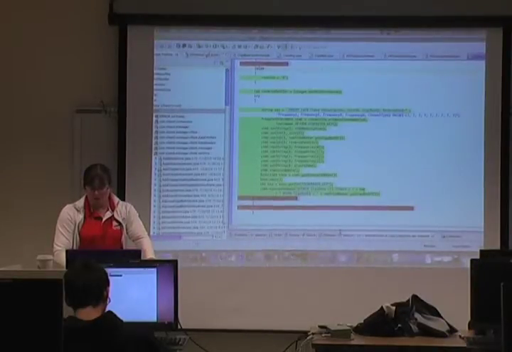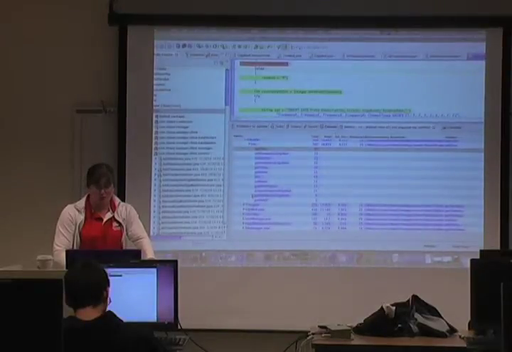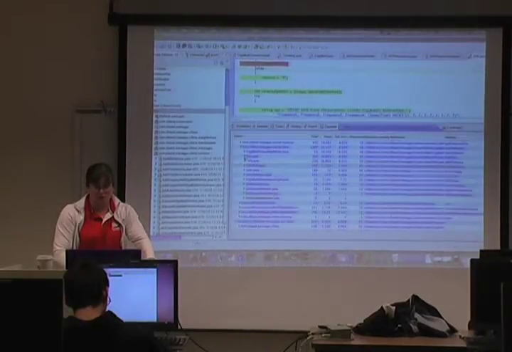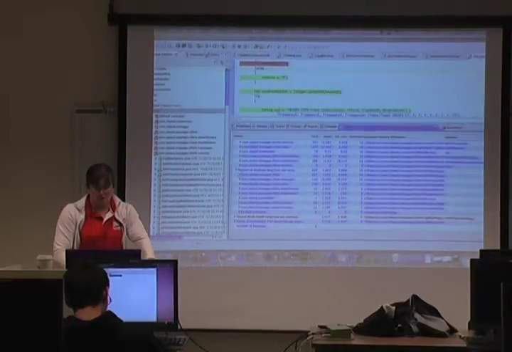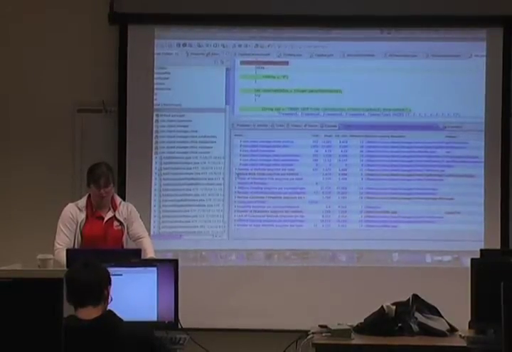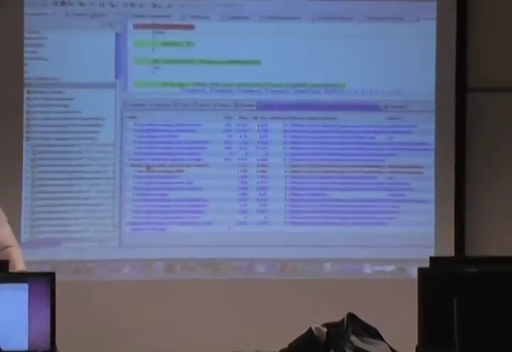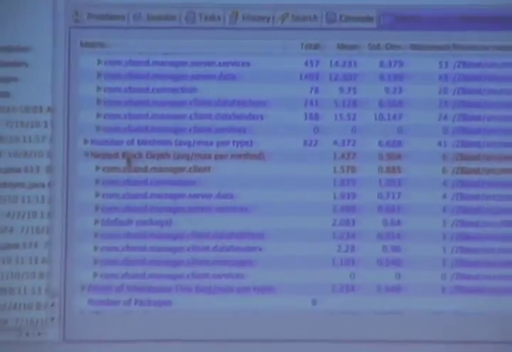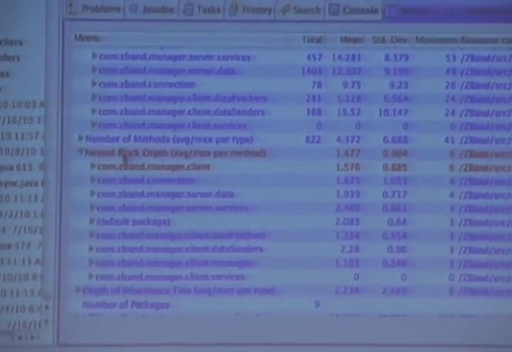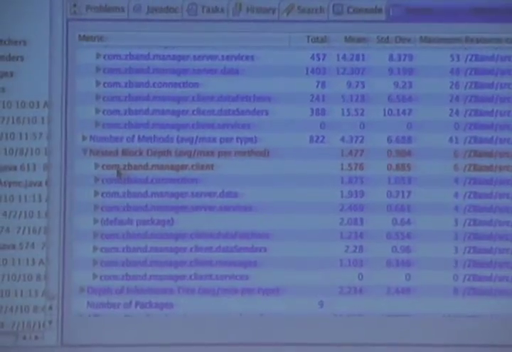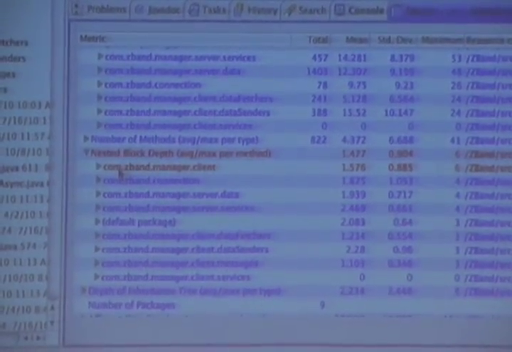But there are other metrics that are trying to get at how complex your code is, not just how big your code is. Nested block depth is how many ifs or loops you have nested inside of each other. So the more you nest, the more complex your code is.